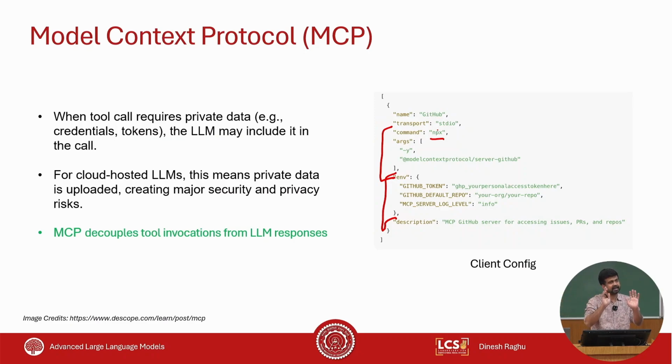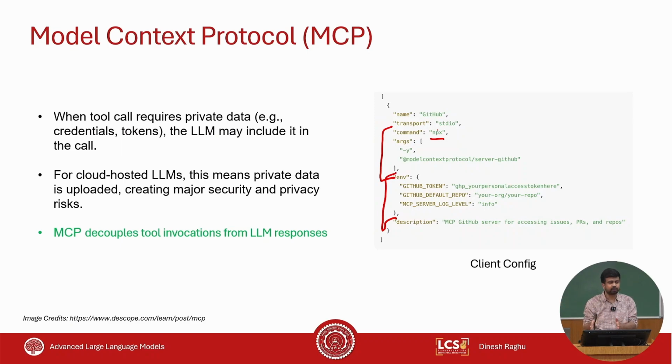Now, if you let the LLM by itself predict this tool call, then at some point in time, the LLM is going to ask for your access token or credentials, or you will have to provide this as a part of the input to the LLM. Now, if you provide that, then it's going to go to the cloud. You're going to lose it, it's not safe anymore, right? So that is the issue with many real-world applications that use LLMs that are hosted in the cloud, right?